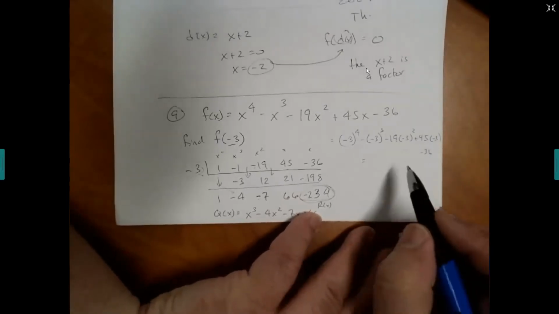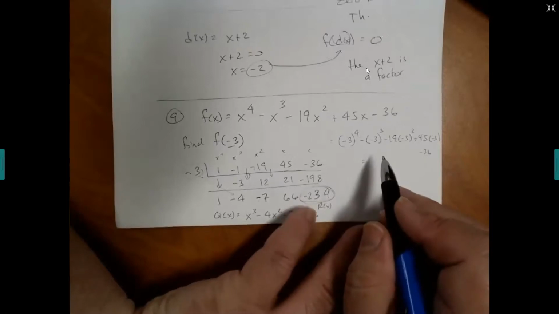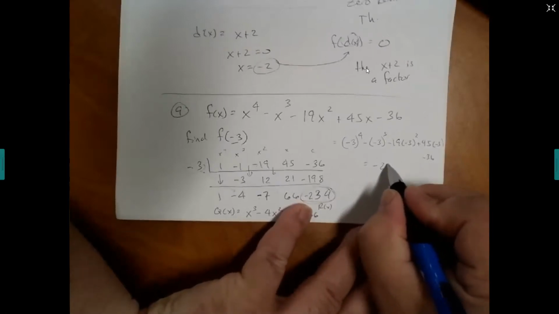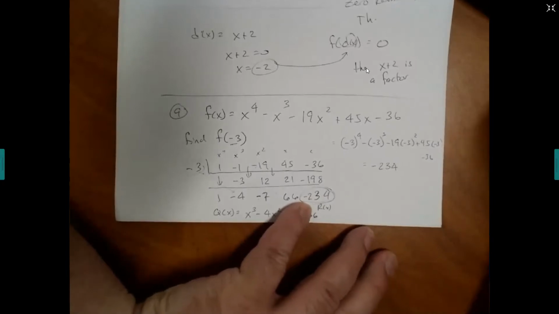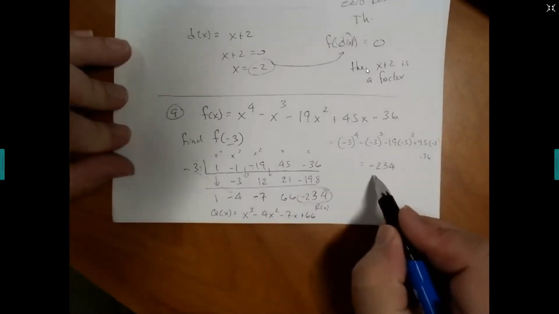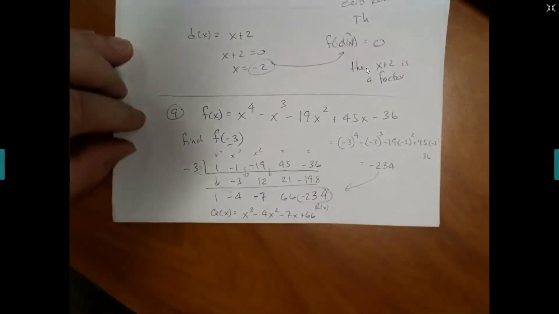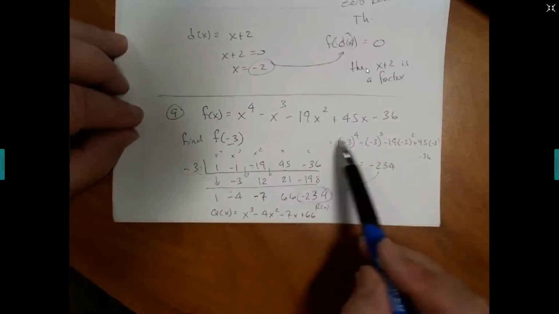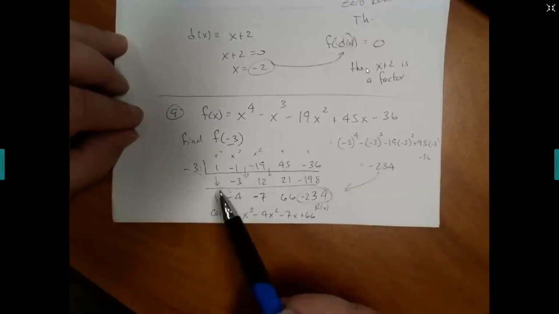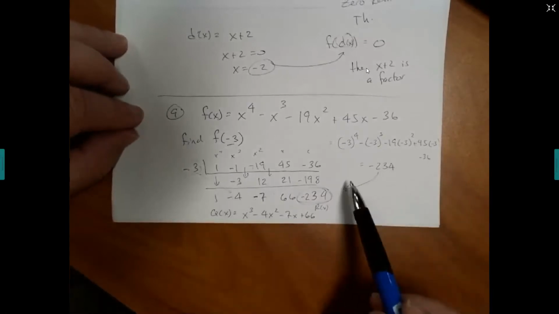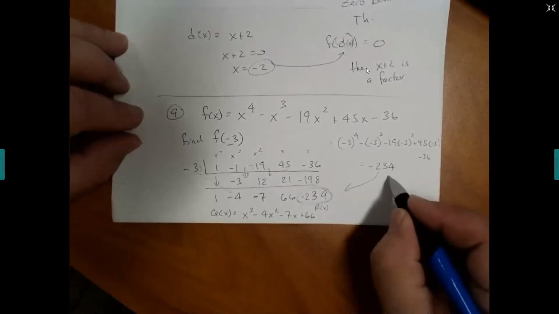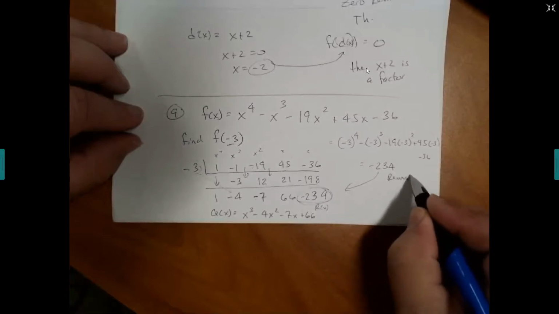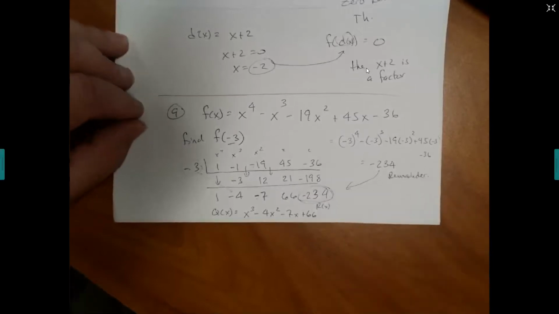What do you think the answer should come up to be? Yeah, so this method here should always end up with what your remainder is. It only gives you the remainder. That's why this is a faster way. If it's a 0, then you know it's going to be a factor. If it's not a 0, then this will tell you what the remainder is going to be. That's your R of X.